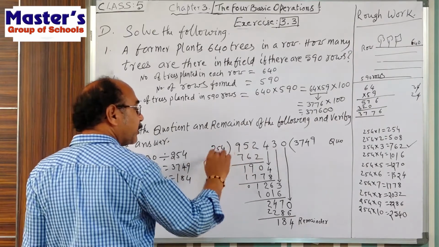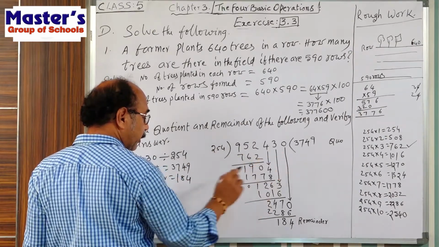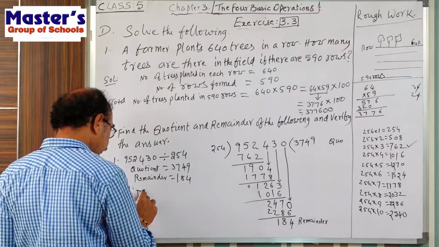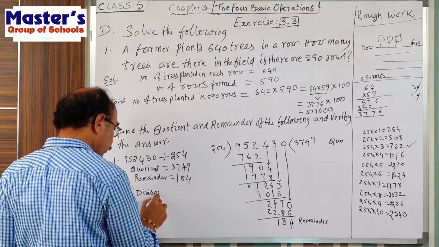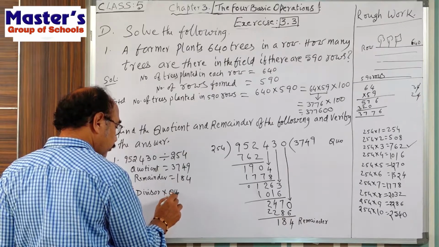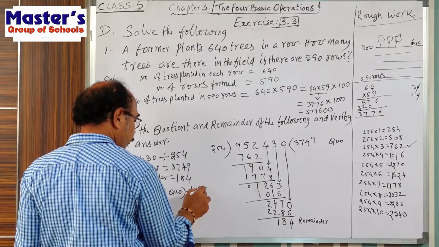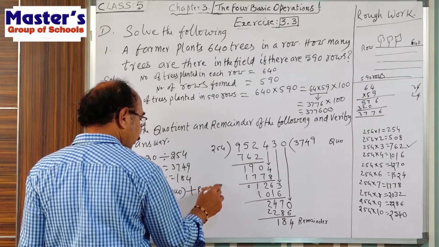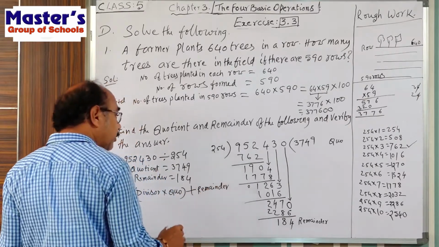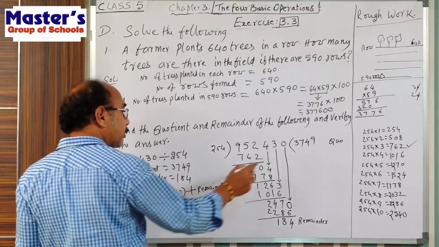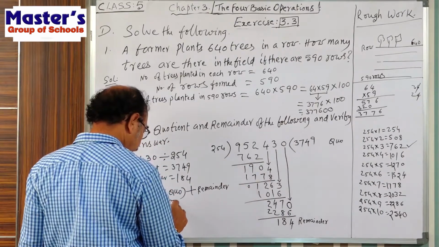Dividend is equal to divisor into quotient plus remainder. What is the divisor here? 254. What is the quotient? 3740.